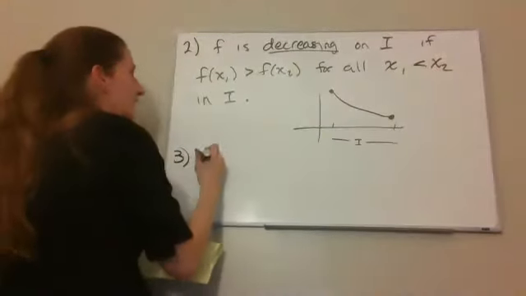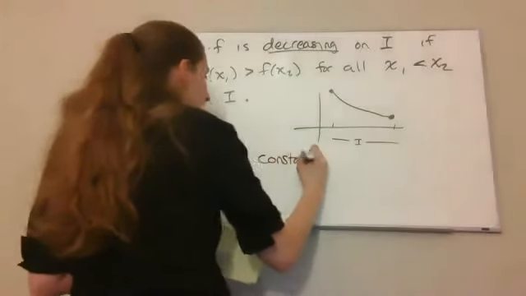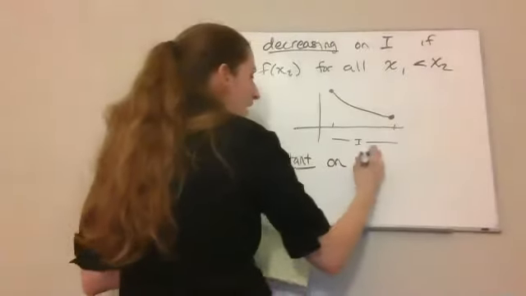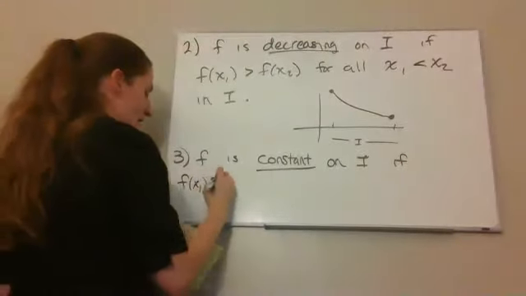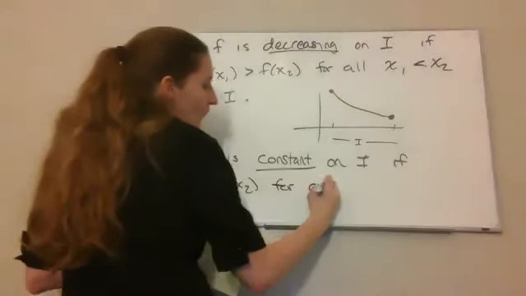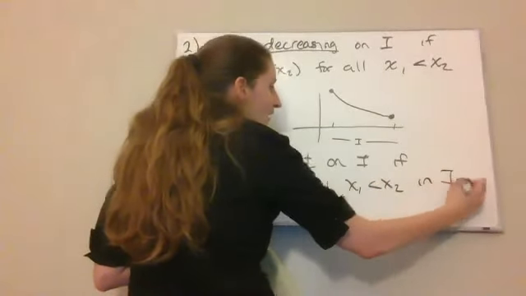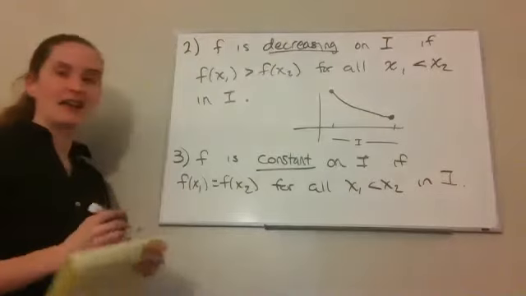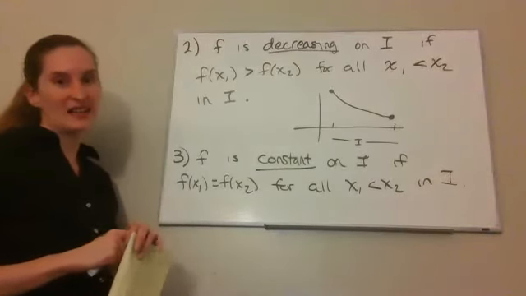And the last thing is f is constant on an interval I if f of x1 equals f of x2 for all x1 less than x2 in I. All that this is saying is when you look at your graph from left to right, it's not going up and it's not going down.